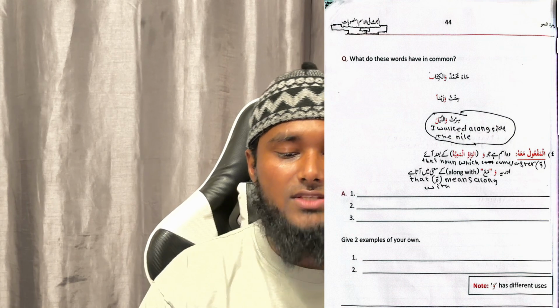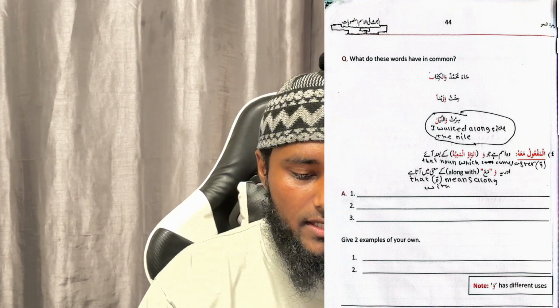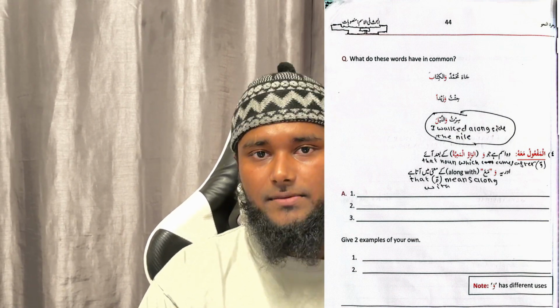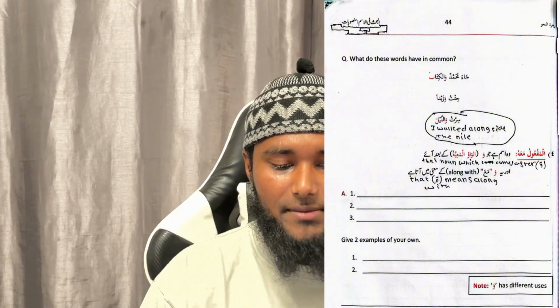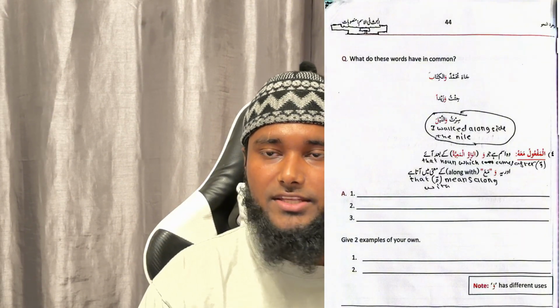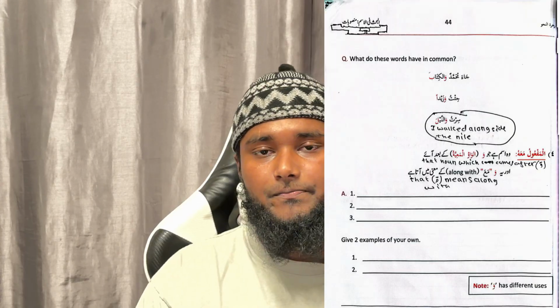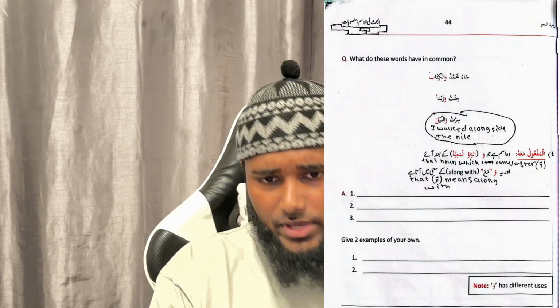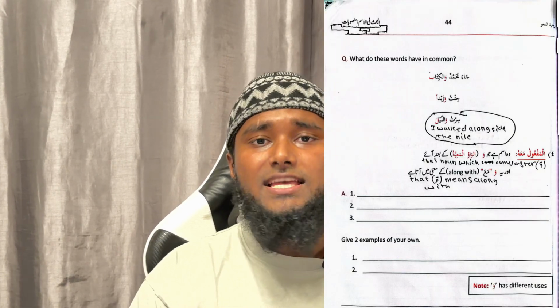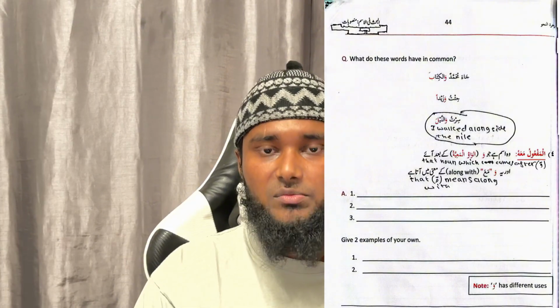Okay, the second example the author brings is جئت وزيدا. جئت means I came. وزيدا. So the waw here is wawul ma'iyyah. Zaydan is in the nasab case.